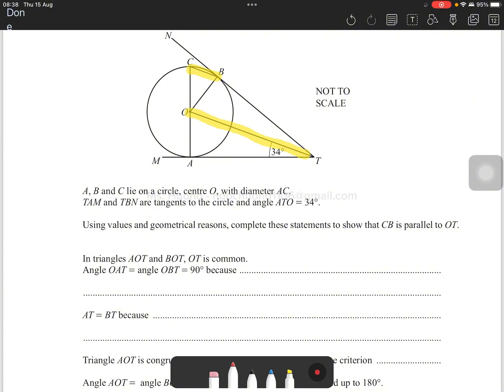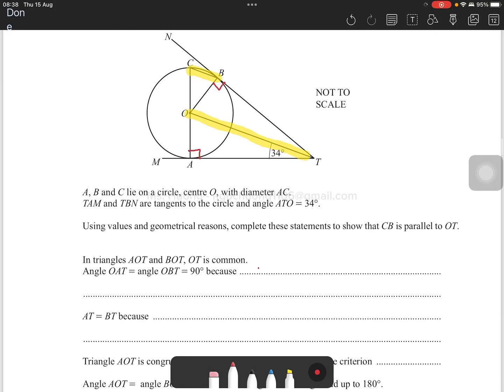First, in triangles AOT and BOT, OT is a common side. Yes, OT is a common side of the two triangles. Then the angle OAT and the angle OBT are 90 degrees because TA and TB are tangents, and the tangents should be perpendicular to the radius.